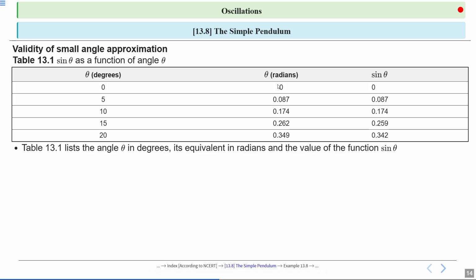Similarly 10 degree is 0.174 radians, 15 degree is 0.262 radians, and 20 degree is 0.349 radians.